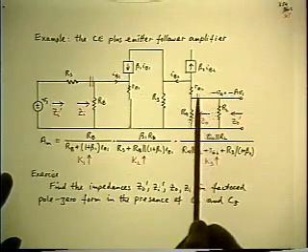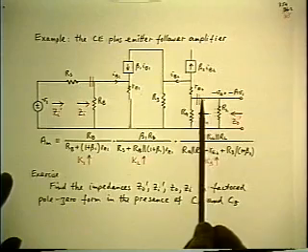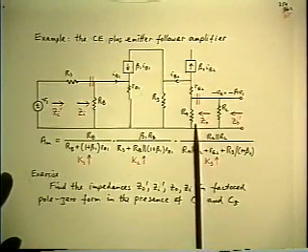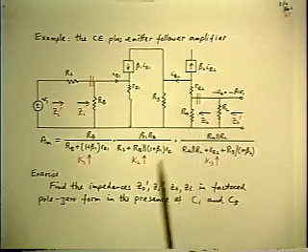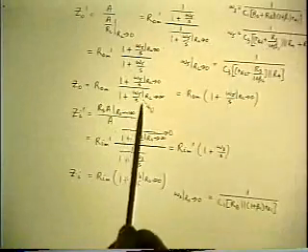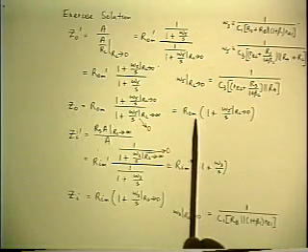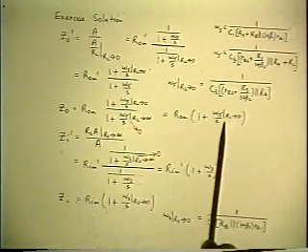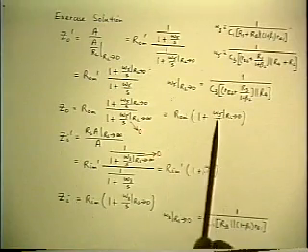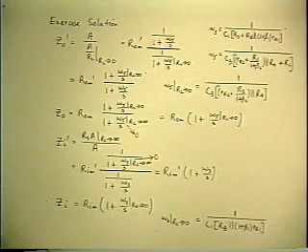And at lower frequencies, as the cap opens up, all that happens is you get the capacitor in series with that mid-band value, so the output impedance goes up, which is exactly what is predicted from this result. At high frequencies, the output impedance is the flat mid-band value, and at lower frequencies it will rise according to the inverted zero. So that completes the output impedance.